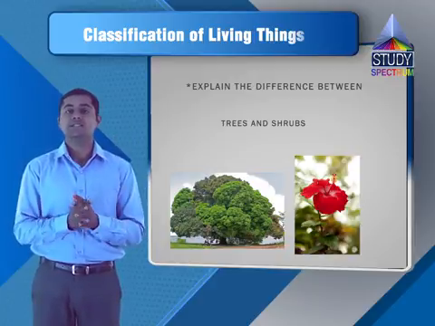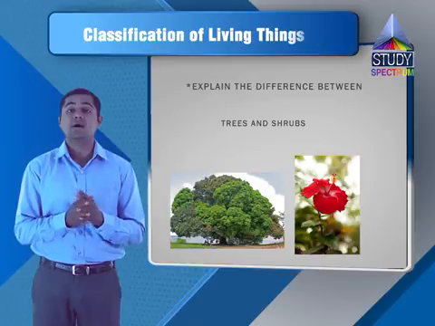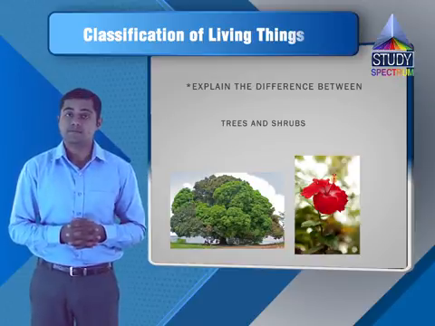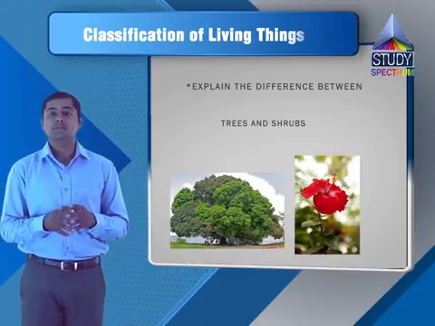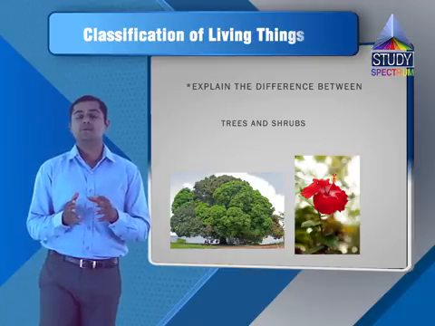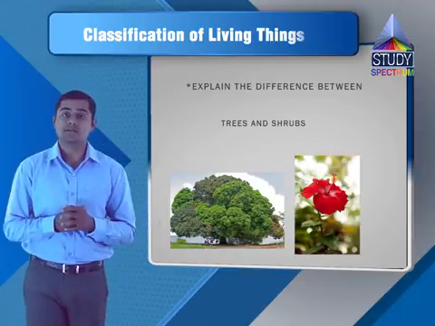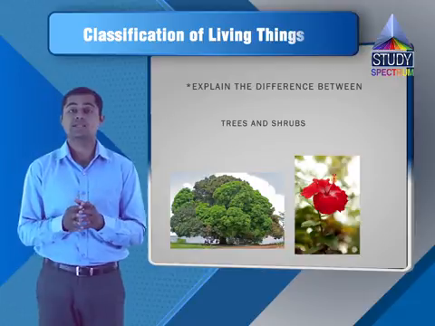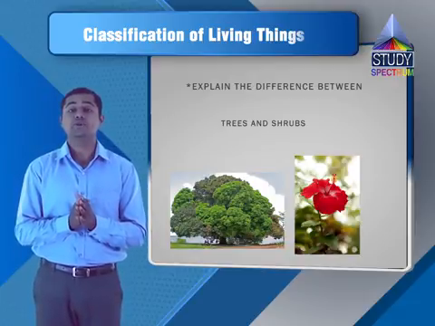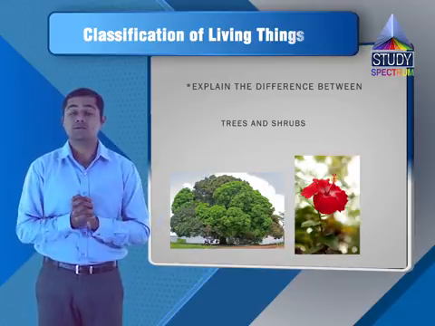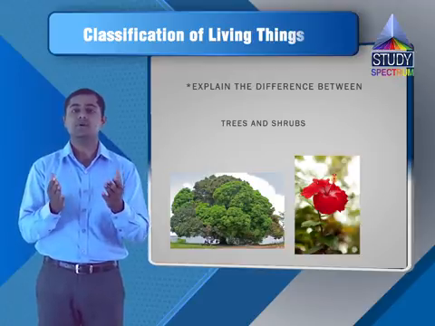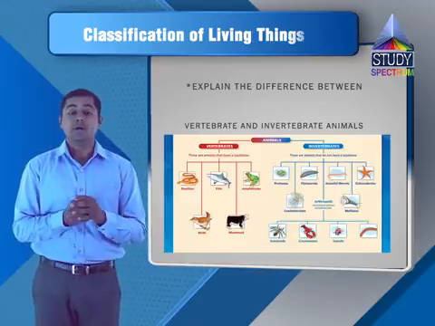Mango tree, banyan tree, they have branches and each branch has many leaves. What about the shrubs? Shrubs have a height of around 2 to 3 meters. They also have a strong and hard stem, but not very thick in girth. This is the difference between trees and shrubs.